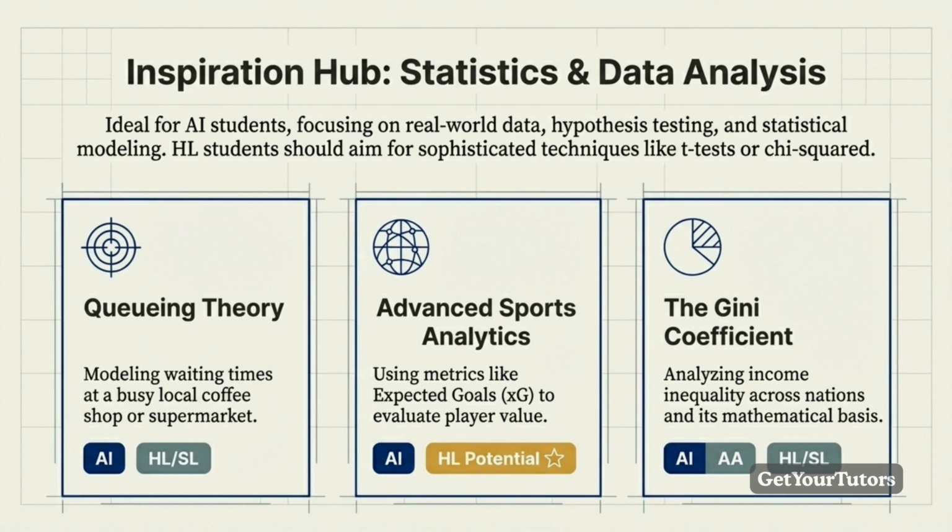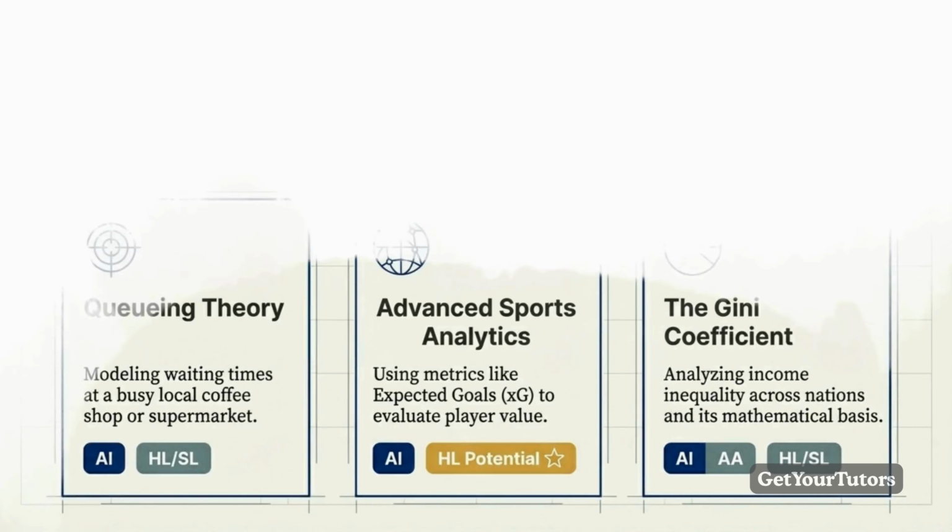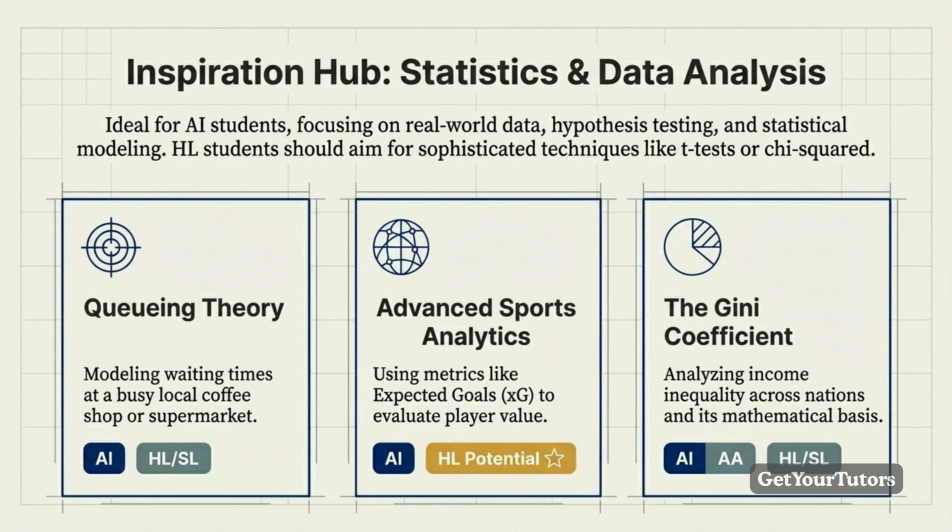No. You're using sophisticated metrics like expected goals, or xG, that requires things like multivariate probability distributions to really evaluate a player's true value. What about something more everyday? How about queuing theory? You could model the waiting times at your local coffee shop. It sounds simple, but you end up using complex distributions like Poisson or exponential to model arrival and service rates. And that can scale up or down for SL or HL.